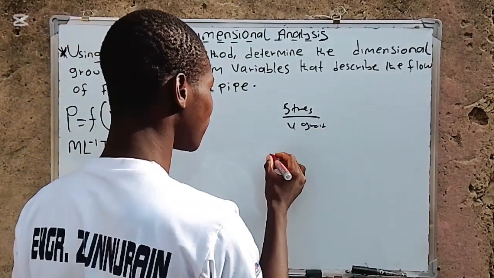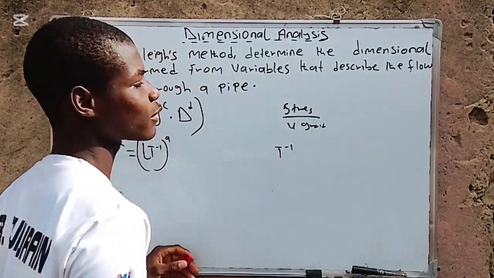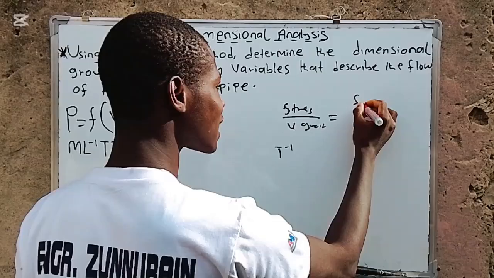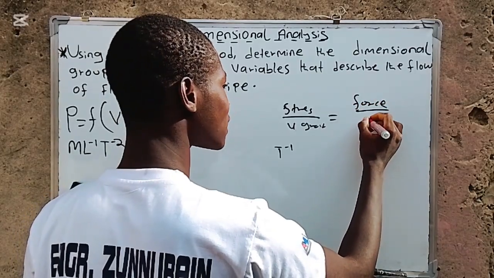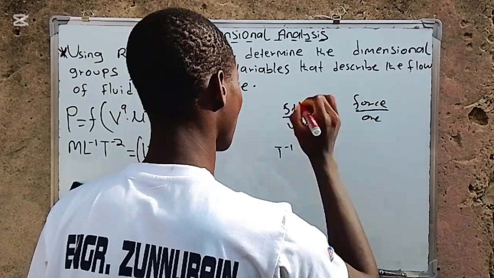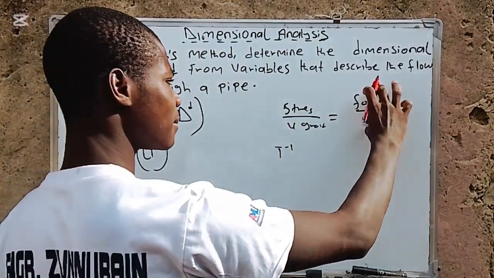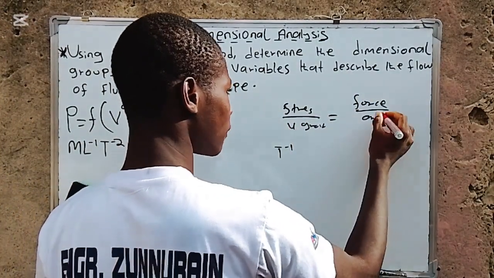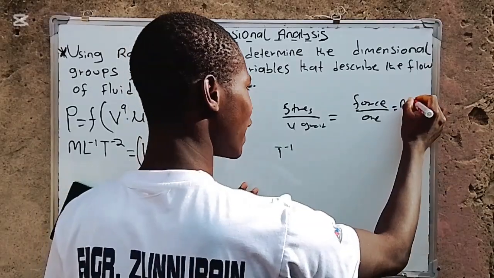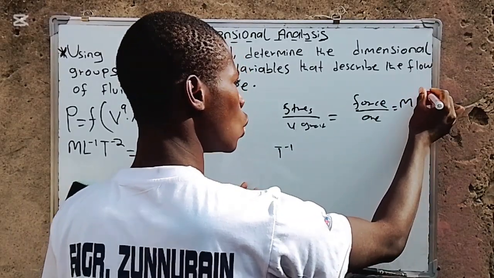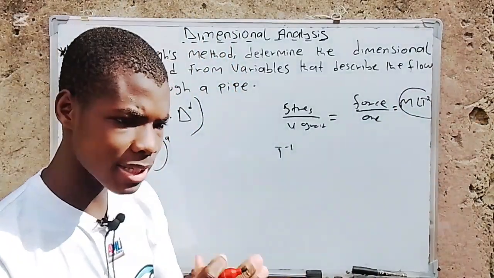Velocity gradient is something like T to the negative 1. Stress is force over area, force per unit area. We all know the value of force, which is M L T to the minus 2. We all know acceleration. Force is mass times acceleration.